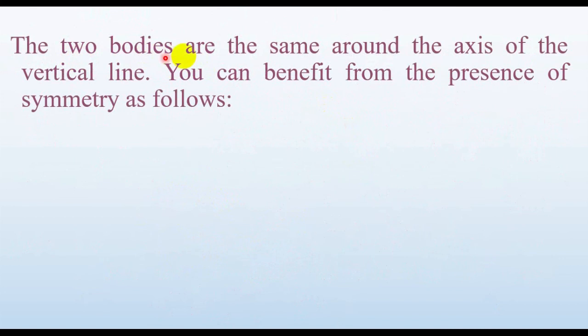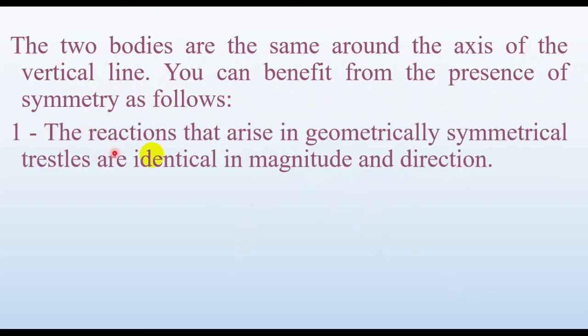Now if we have two bodies that are the same around the axis of a vertical line, you can benefit from the presence of symmetry as follows. First, the reactions that arise in the geometrically symmetrical trusses are identical in magnitude and direction. So this one is very, very important.